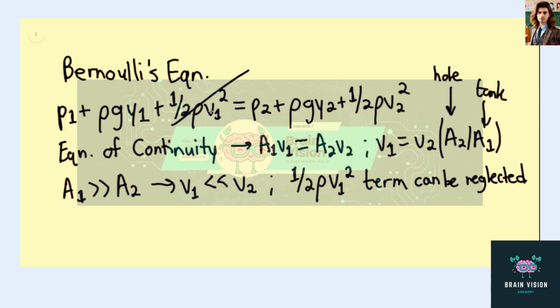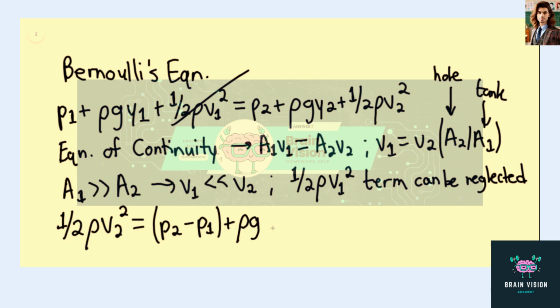And so now Bernoulli's equation gives that 1/2 times rho V sub 2 squared is equal to the change in pressure, P sub 1 minus P sub 2, plus the density times g times y sub 1.